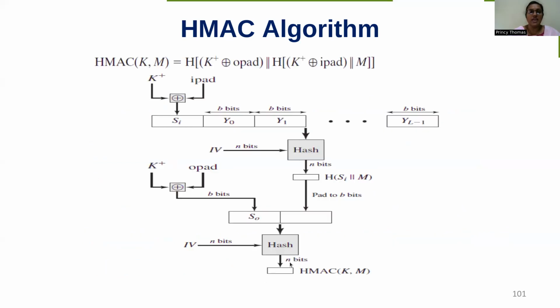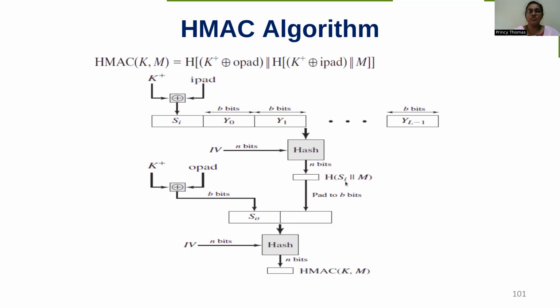We're going to look at the diagram and see how it is done. First, K plus is XORed with iPad and the output is Si. This Si is appended to the message, and the hash of that message with the n-bit initial value IV is computed.